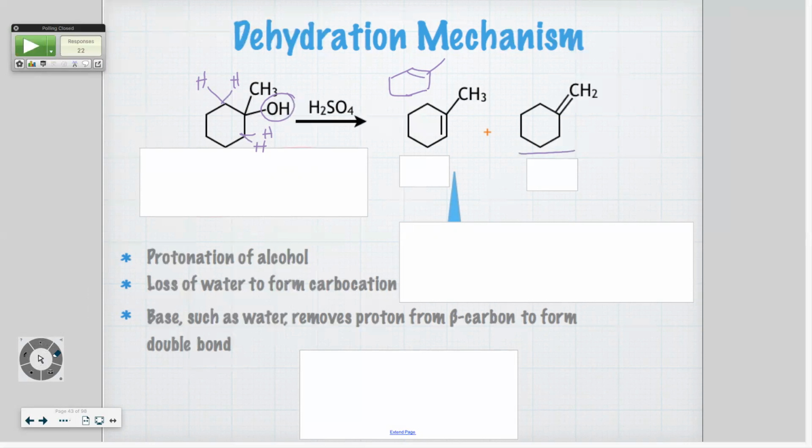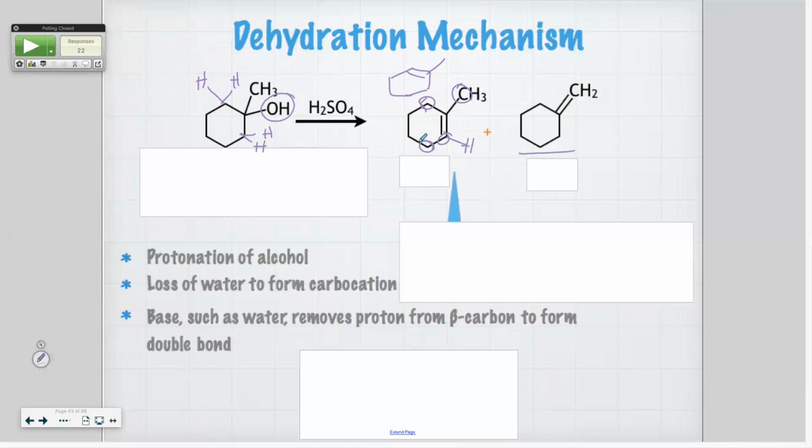Okay, so which one of these do you think is major? The first one or the second one? First. Why? More substitution. It's more highly substituted. How substituted would you say that first compound is? Tri. There's a carbon here, here, and here. What else is here?